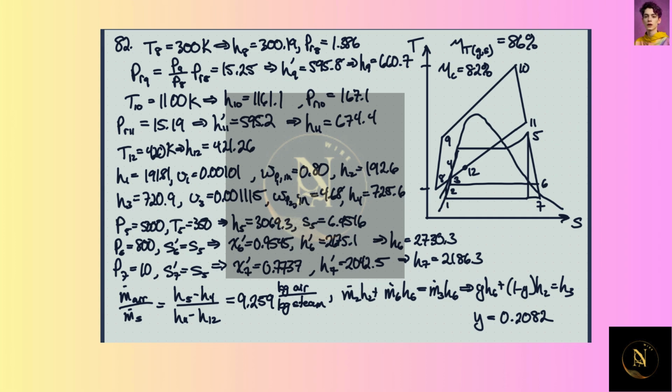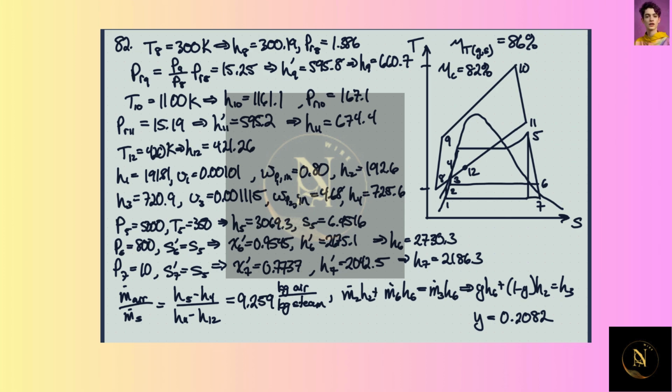All right, so a pretty long problem here. Let's start off here. So we will look at the gas side first. So we pull air in here, compress it, and then basically have it combust with something. Run it through the turbine, and then run it through the heat exchanger, and then we exhaust it out here at 12.